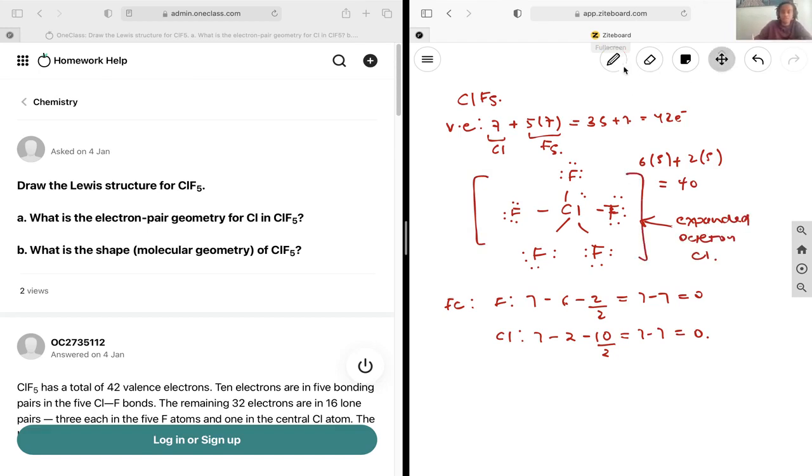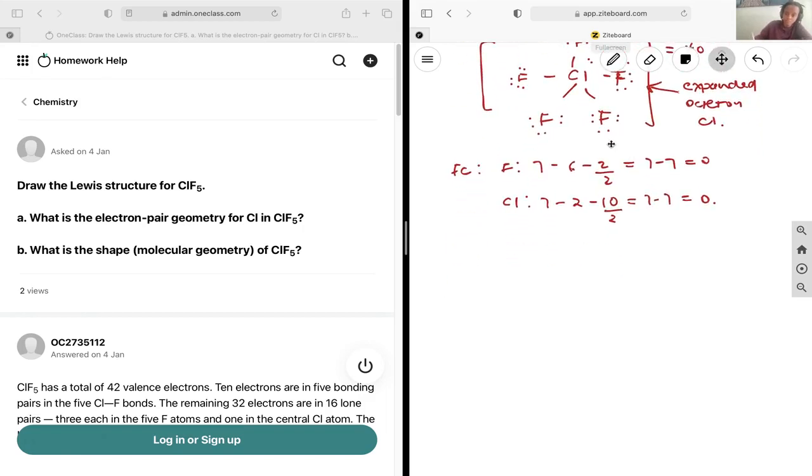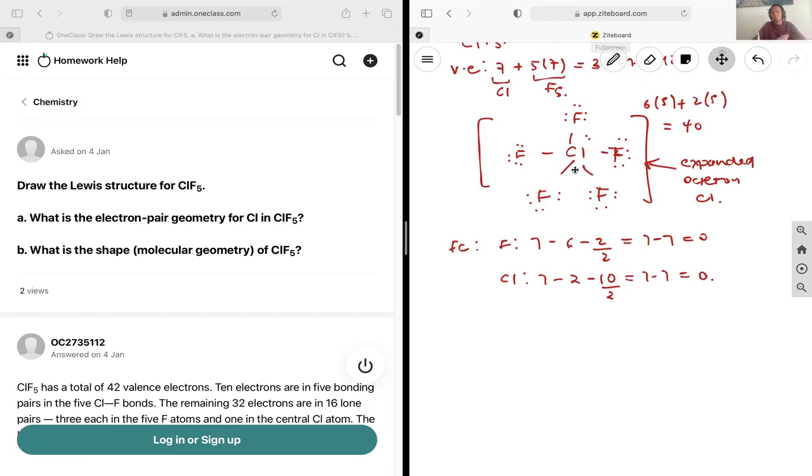For our next part, we want to find out the molecular geometry before we go about finding the electron pair geometry. And so for our molecular geometry, let's find out how many electron pairs the central atom has around it. So it has 1, 2, 3, 4, 5 in bonding pairs, and an additional 1 pair that is a lone pair. And so it has a total of 6 pairs attached to it.